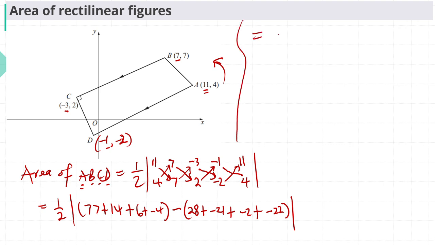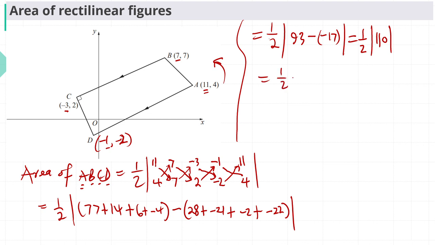Next, this gives half multiplied by the absolute of the first bracket, which gives us 93, minus the second bracket, which gives us minus 17, which in turn gives half multiplied by the absolute of 110. Now absolute of 110 is 110. So this gives us 55 square units. This is the area of the figure ABCD.